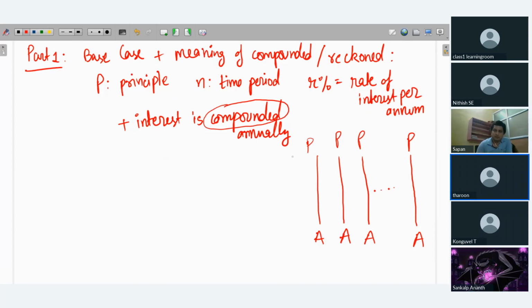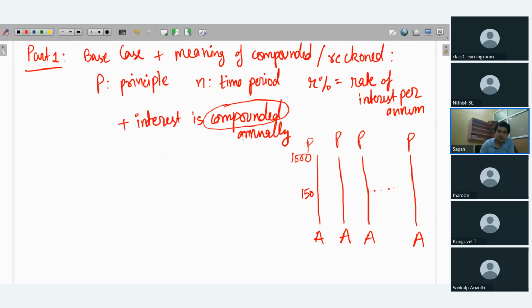So let's say you started with a principal of 1,000 rupees and your interest came to 150, then at the end of the first year, 150 rupees will be given to you as your interest.